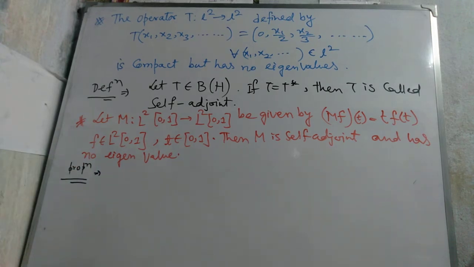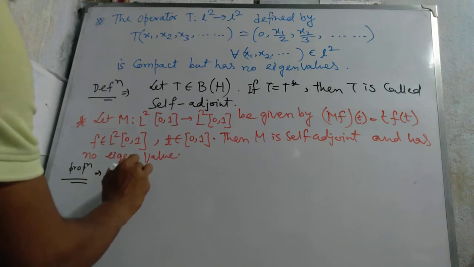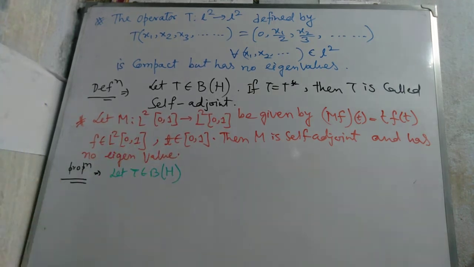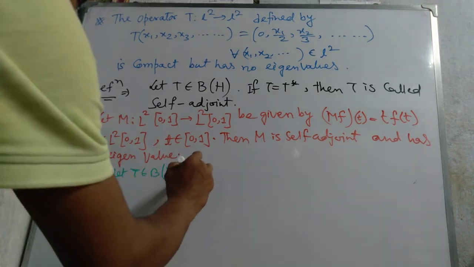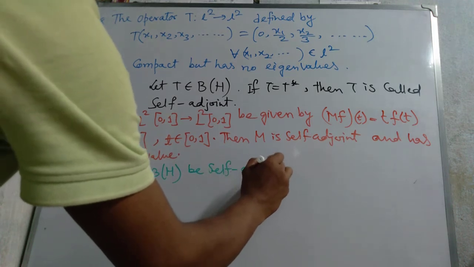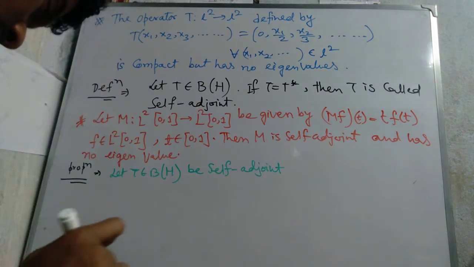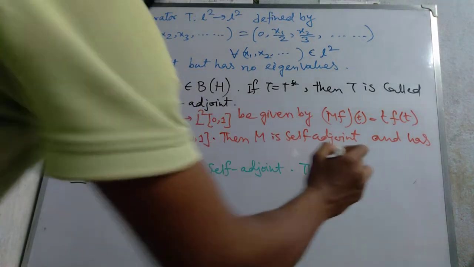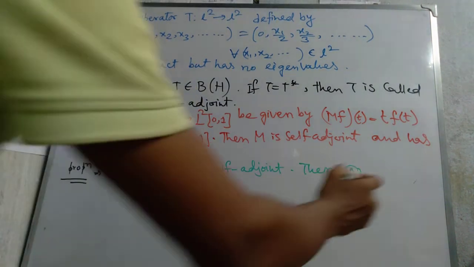Let T belonging to BH, a bounded linear operator from H to H, be self-adjoint. Then first, the eigenvalues of T are real.